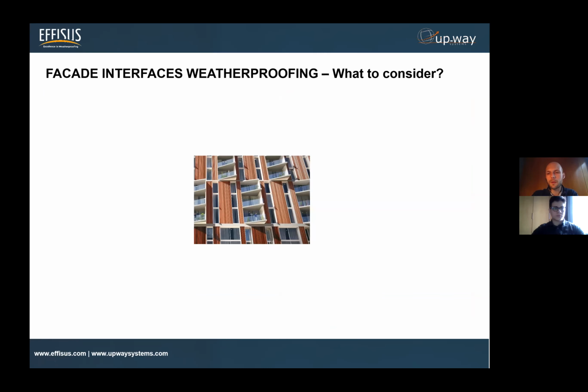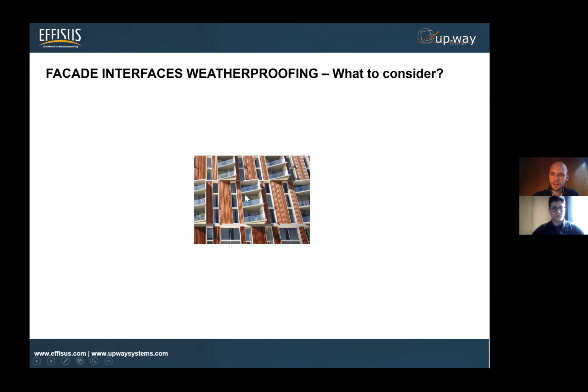After seeing these kinds of situations that we may find on a job site, I would like to bring to this presentation some discussion, and maybe challenge ourselves to think a little bit more about what are the main requirements when we're dealing with the interfaces on a facade. And so this is a pretty nice image of rain screen cladding facades, and we can see many windows, balconies, many different shapes.